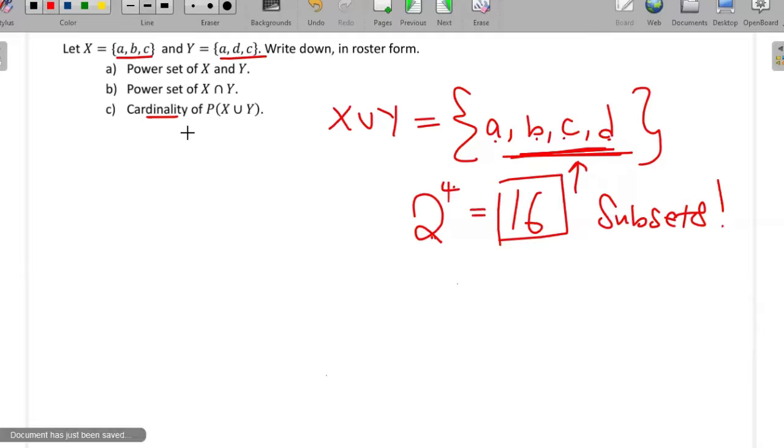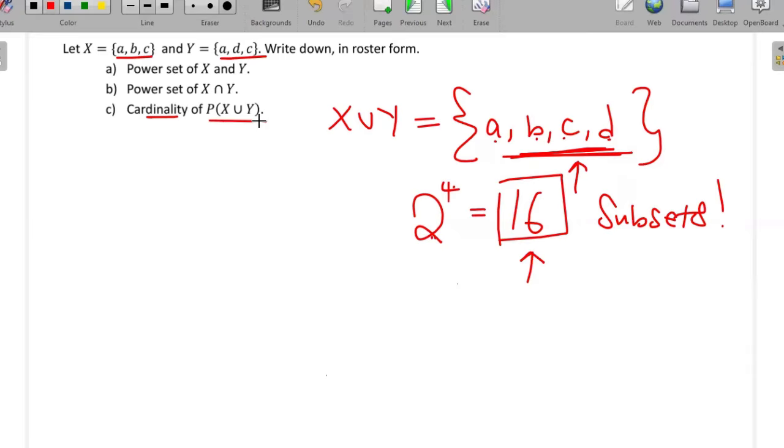Then the power set of X union Y, what does it contain? The power set contains all the subsets of that particular set. So the subsets that are going to be in this power set, we are going to list 16 subsets there.